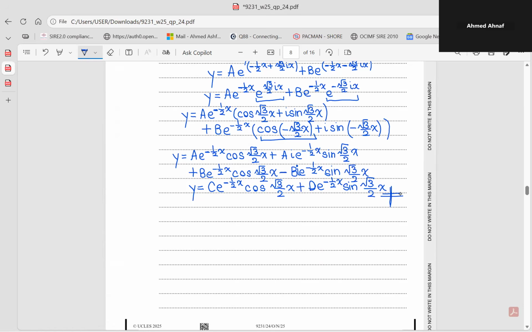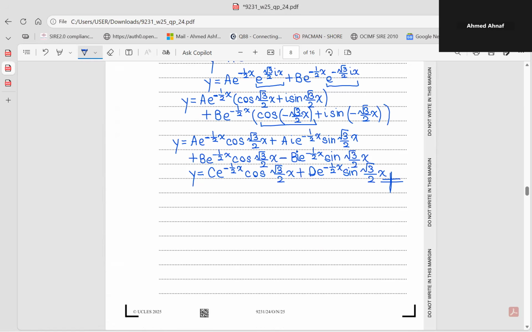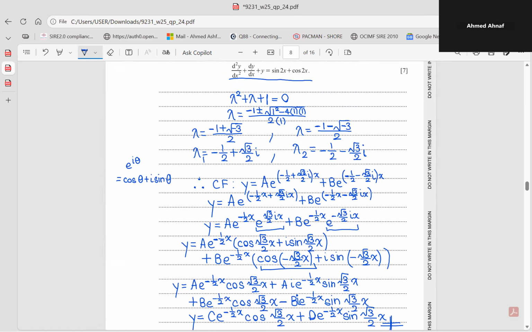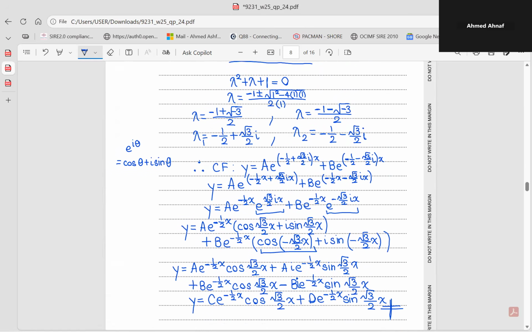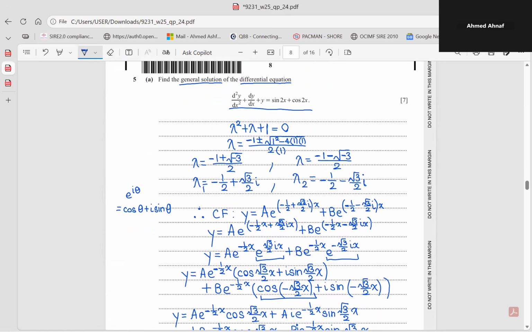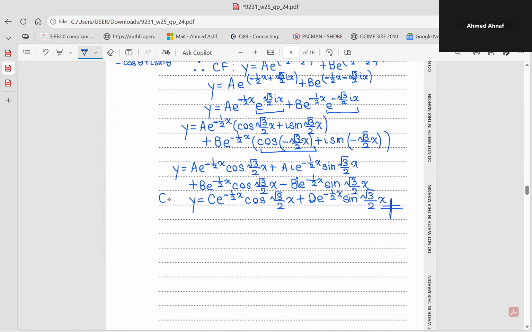So this would be the final answer for this part. I guess, no, it's not the final answer. It's just a complementary function. So this is the CF.